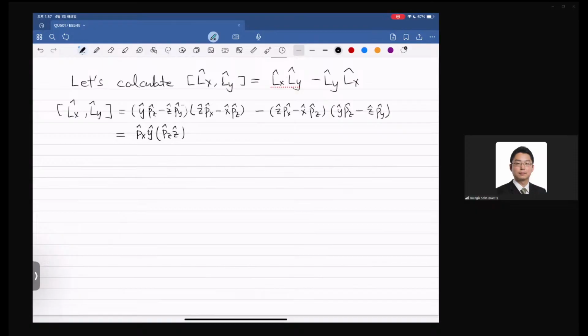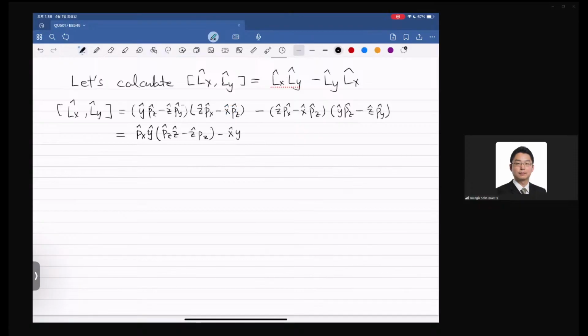And then let me continue this. Another one that has pxy, you can have pz, py, sorry, zpz. It's coming from this combination. Let me just continue this calculation.